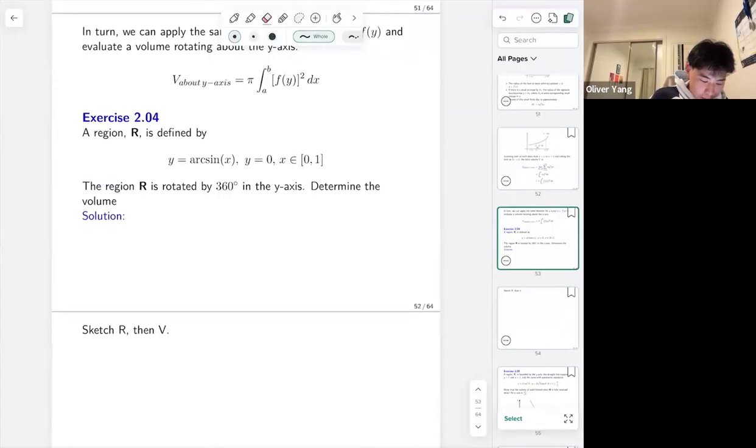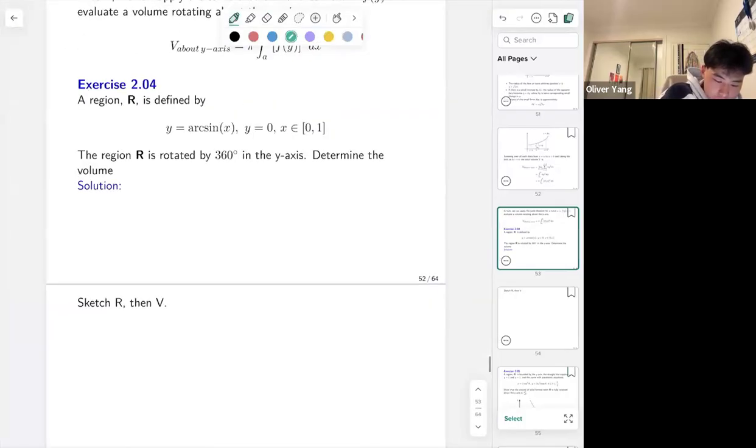We've got a region y equals arcsine x, where y equals 0, so the x-axis, and from x equals 0 to 1. It's rotated about the y-axis. So we need to get a function of x in terms of y. First of all, we want x equals sine y.